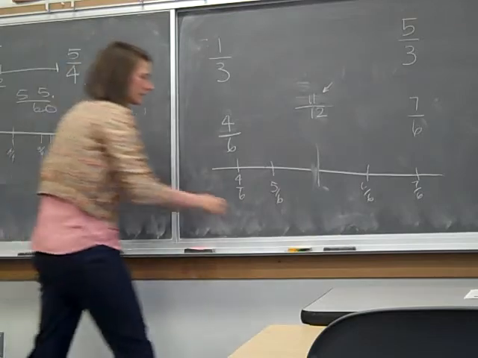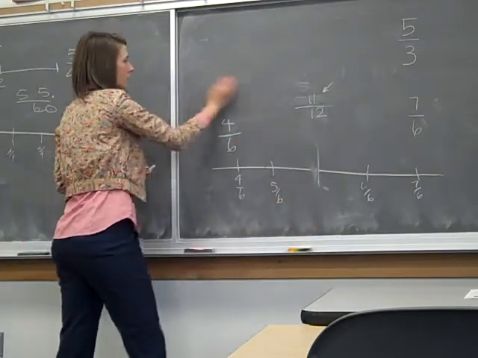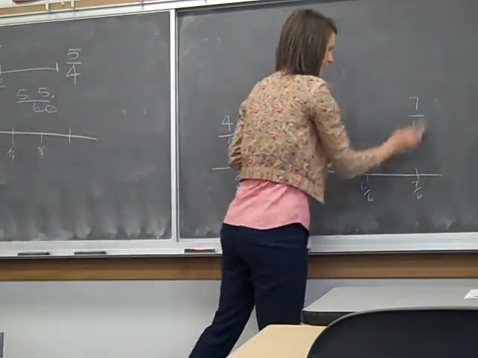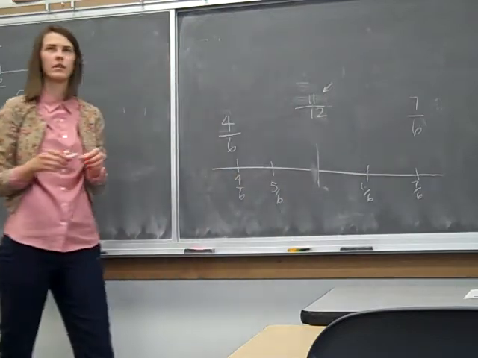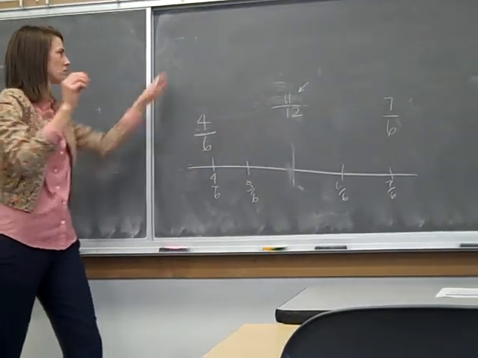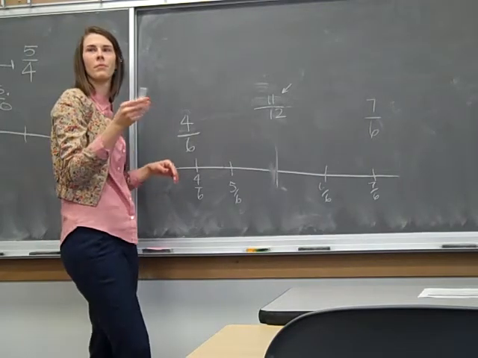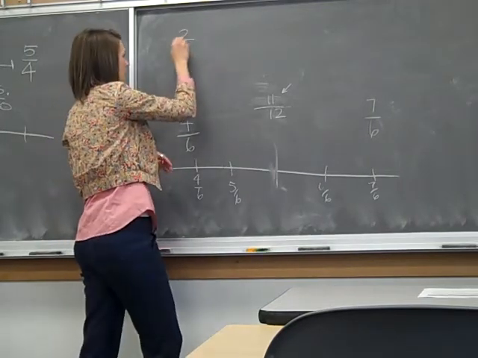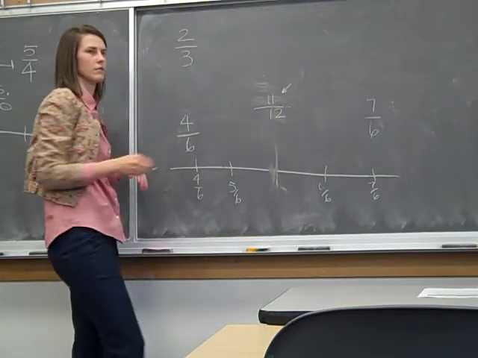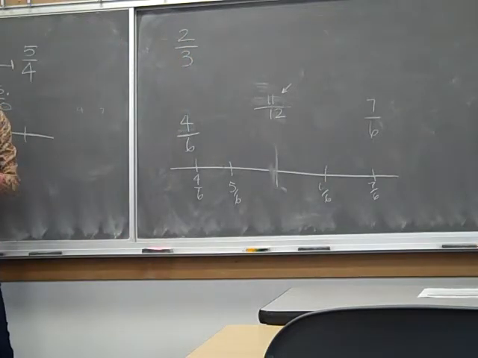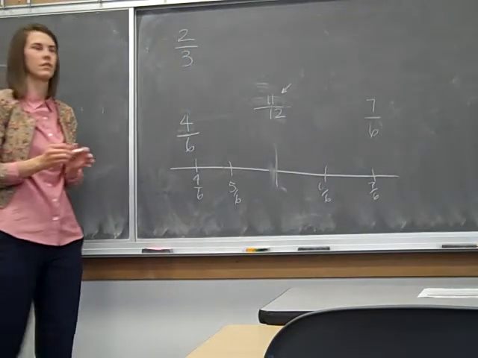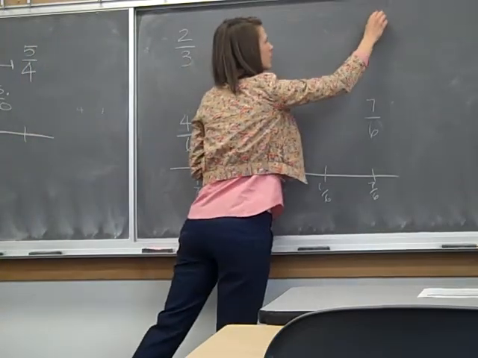So let's do it this way with the 1/2. Okay? So we have, let's come up with a number. Say a fraction. Any fraction. 2/3. 2/3 and a fraction bigger than that. 5/7.